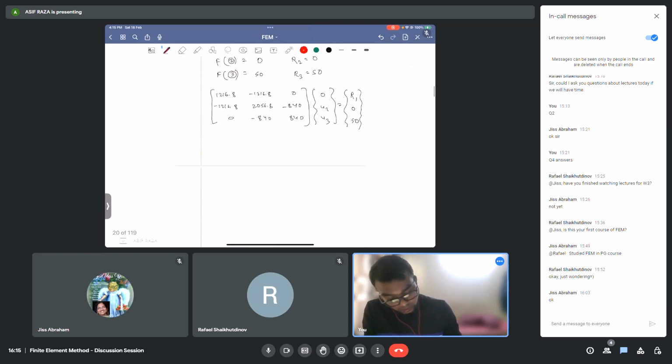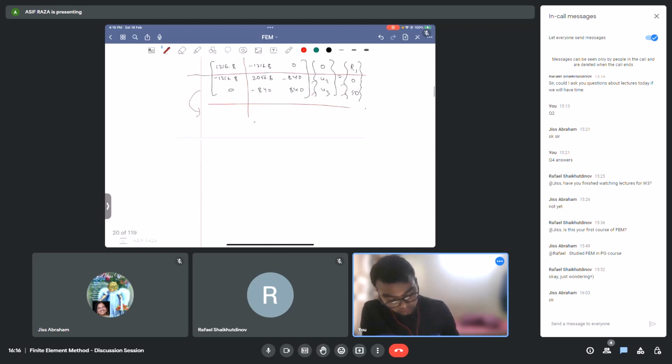So we have known values on the right hand side, and respectively we have unknown values u2, u3. So we'll just reduce this stiffness matrix pertaining to only the known values.